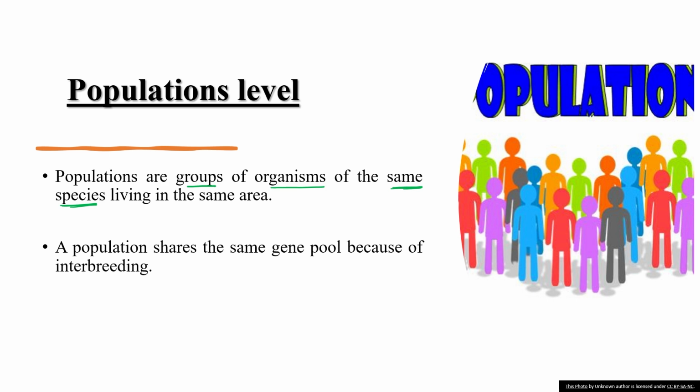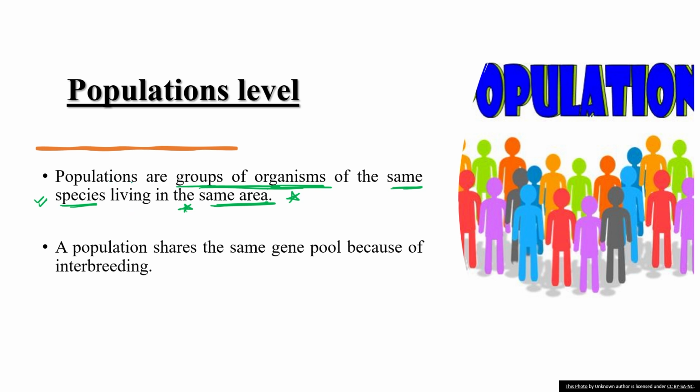At that time we can use the term same species. So a population means a group of organisms. You have to be very conscious that it is a group of organisms of the same species living in the same area, not a different area, the same area. Same area is very, very important.